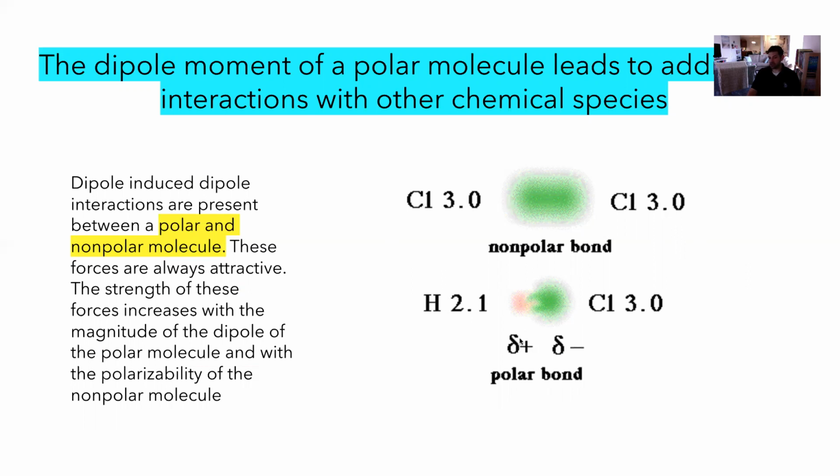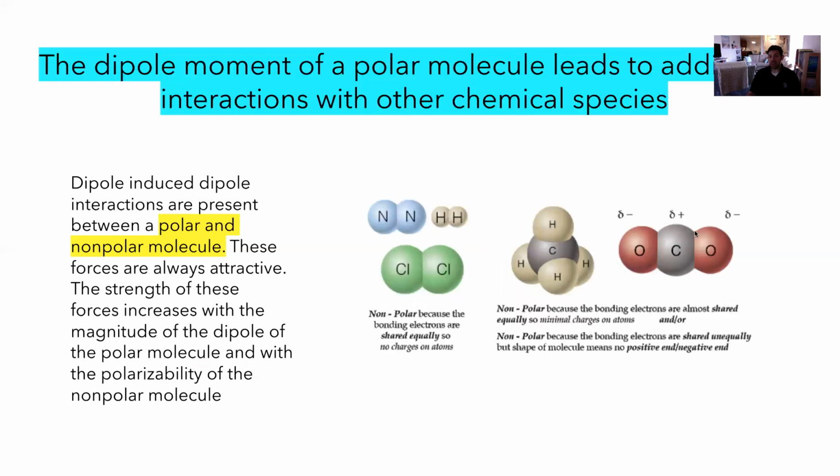The partial charges: the hydrogen, because its electron shell is being pulled away from it, becomes slightly positive. Now, slight, not an ion, but a permanent slightly positive, and the chlorine is slightly negative. All right, that will endure. And then all of our diatomic molecules, because they have the same electronegativity value, will always be nonpolar.